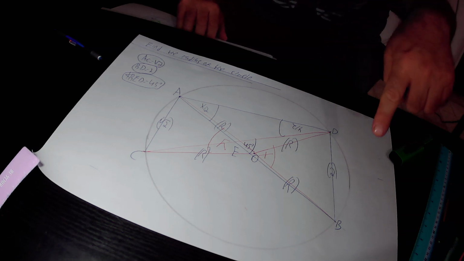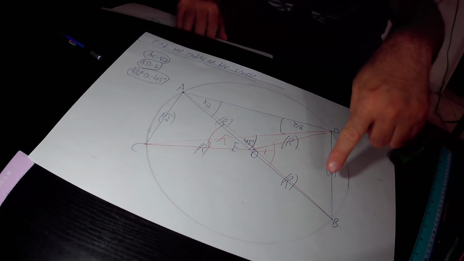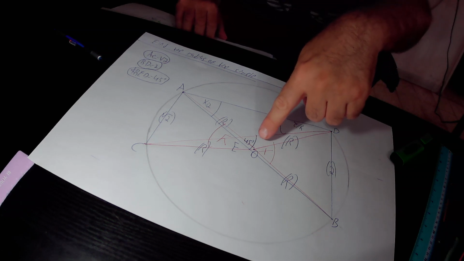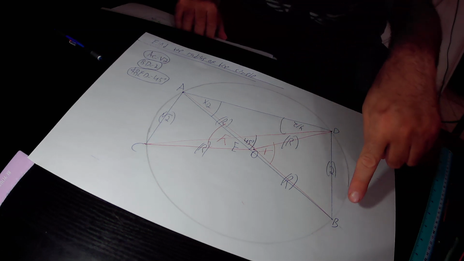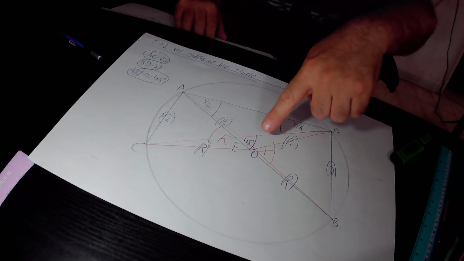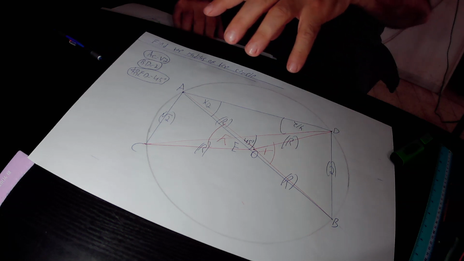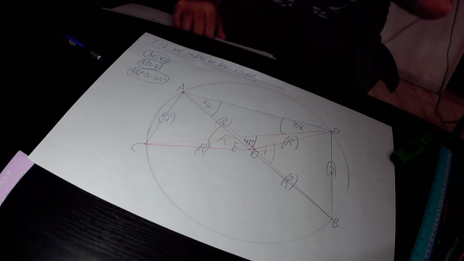This is angle BED, and it equals 45 degrees. Again, the size of angle BED is 45 degrees. Again, our mission is to find out the radius of this circle.